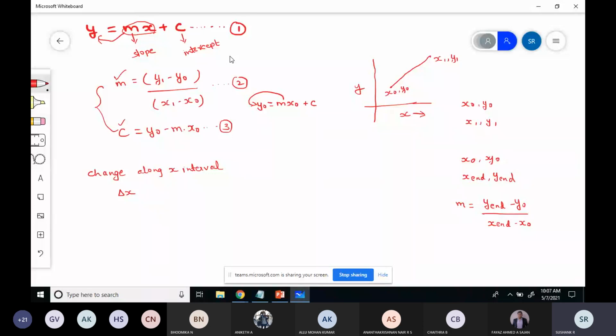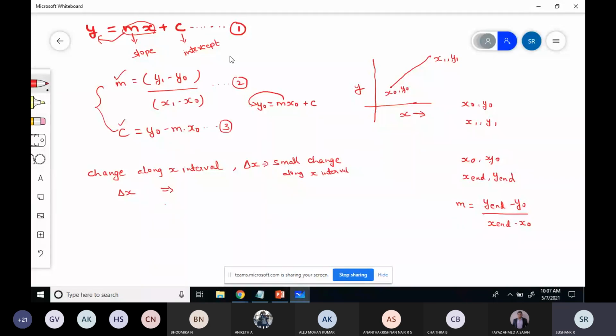A small change along the x interval is represented by delta x.